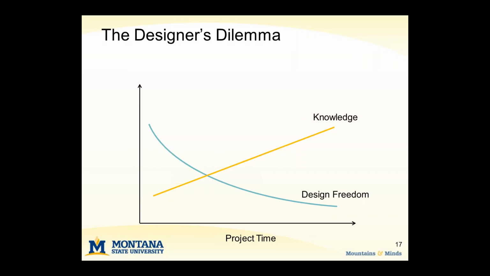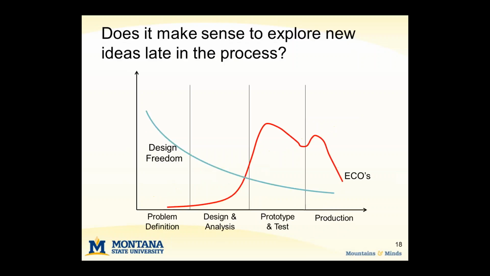But you're also learning, so your knowledge is increasing over time. Unfortunately, by the time you get near the end of the project, you have the most knowledge, but the least amount of freedom to actually use that knowledge. So that's the designer's dilemma.